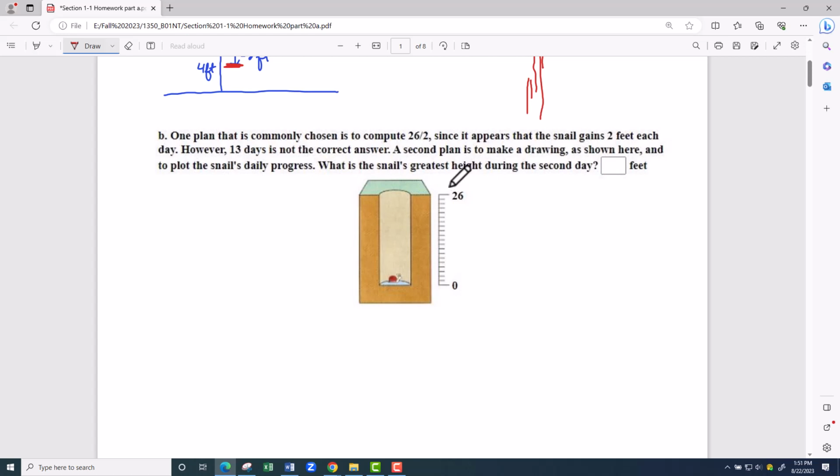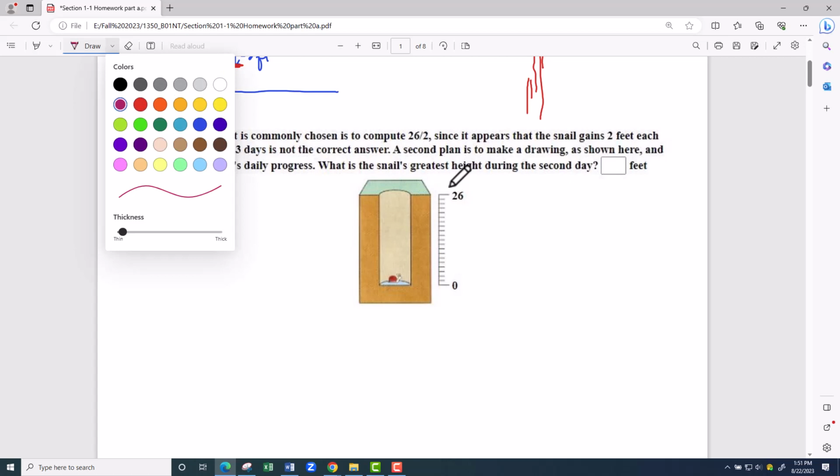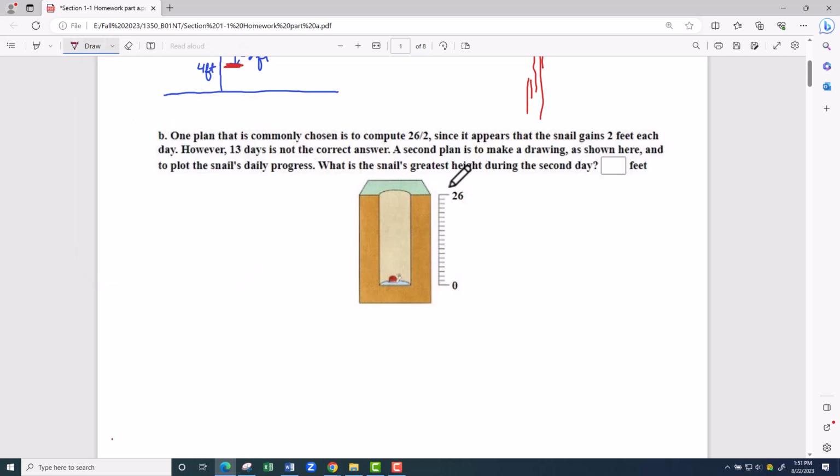So let's think about this. Day 1, we go up 4. And then we go down 2. So we're sitting here at 2. That's day 1. So day 2, we go up 4.